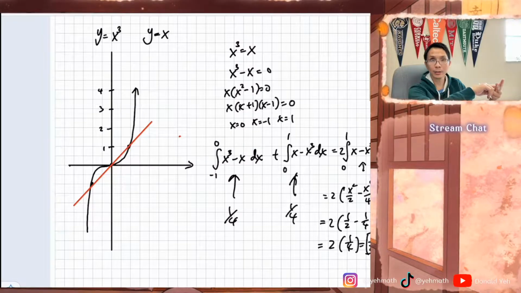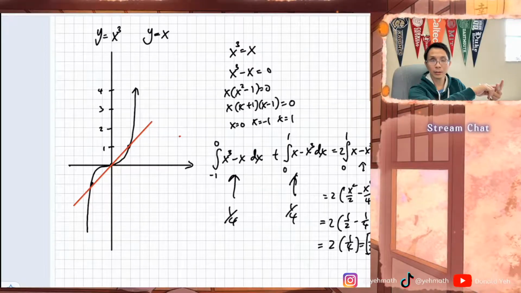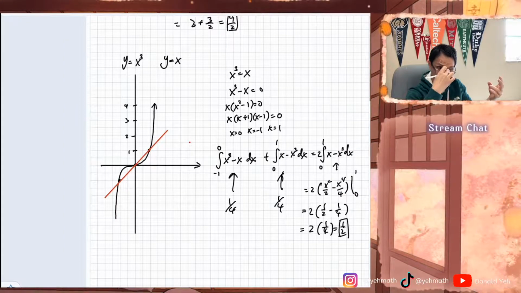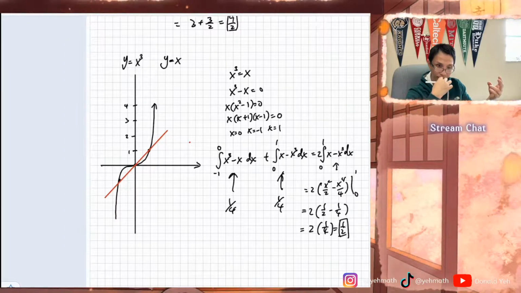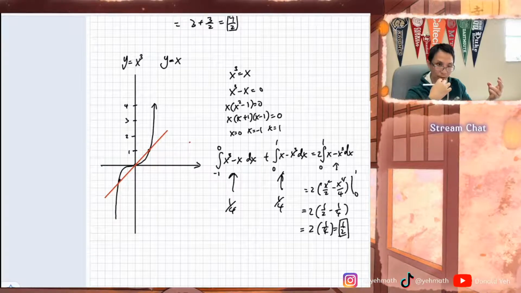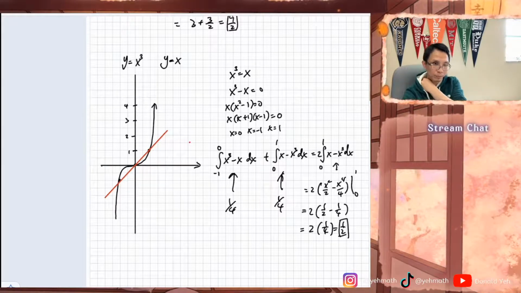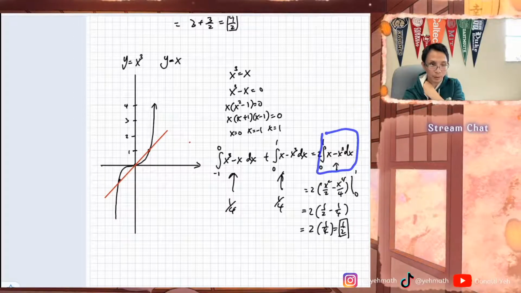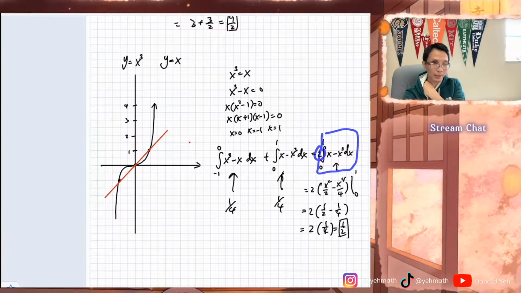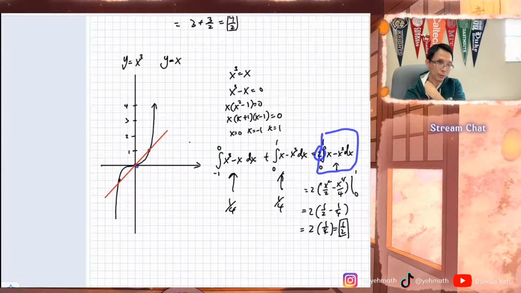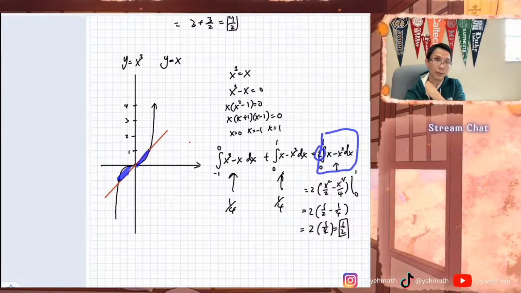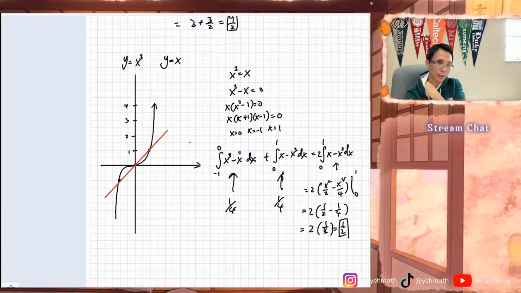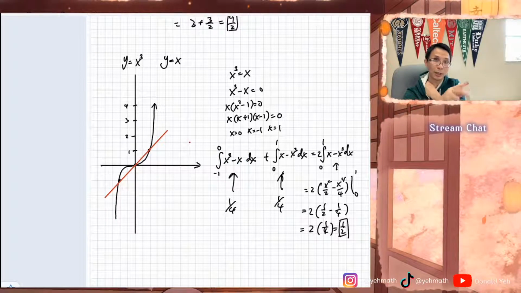Yes, Paige. How can you multiply it by 2 if it's x cubed minus x, but the other one is flipped? Because it's symmetrical. This region is probably going to give you 1/4, right? So can I just double it? Because they are symmetric from one side to the other. But wouldn't one be negative? No, they won't be negative because on the other side you have to switch the boundary, just like what we did before.